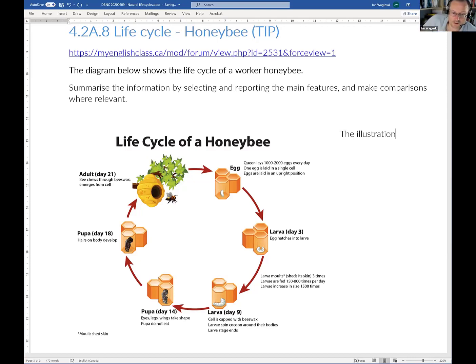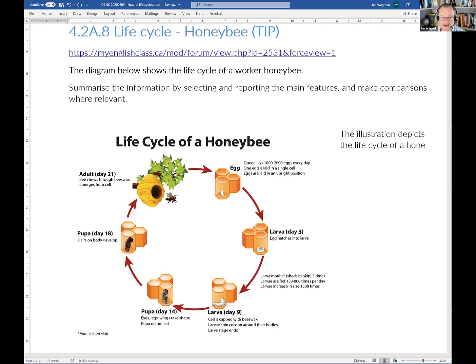Okay, all of these process diagrams, you can call all of them illustrations, or you can call them diagrams, but that's the word that they use. You should know this one. The illustration depicts, right? And depicts, if you need help remembering this one, the root is picture. The illustration depicts the life cycle of a honeybee.